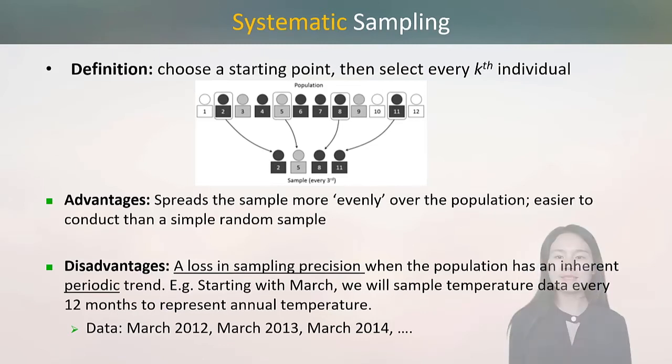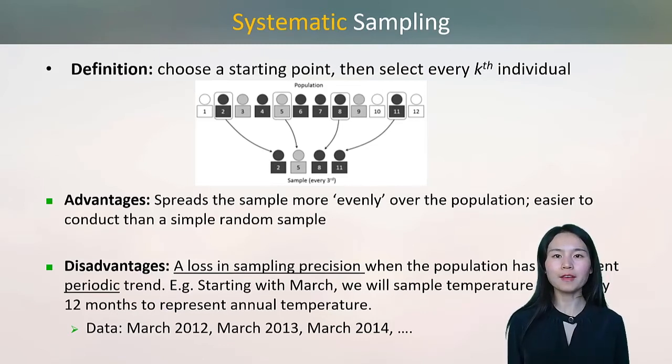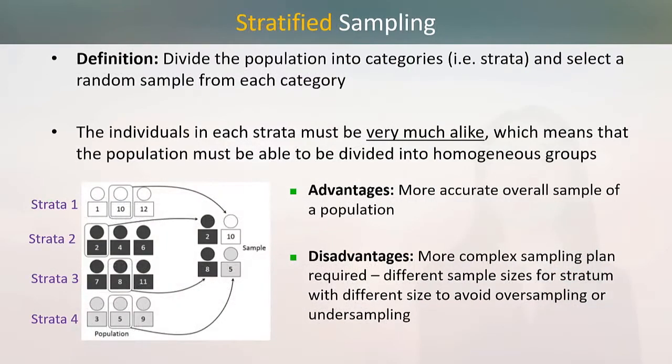Another silly example is to sample the traffic every 7 days, starting on a Sunday, to represent the city's typical daily traffic.